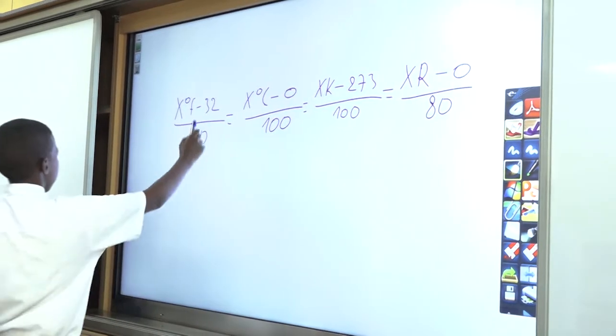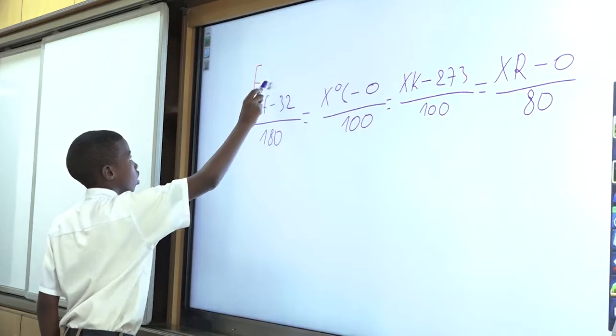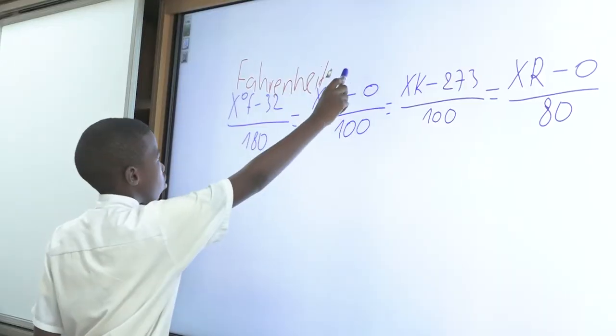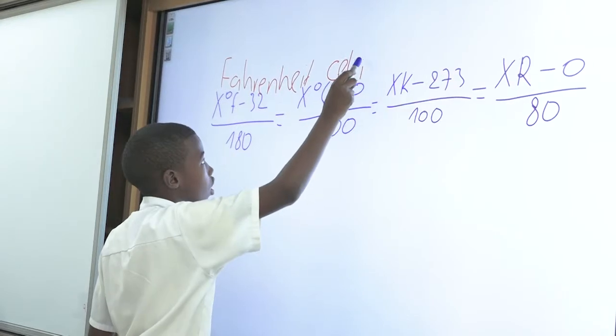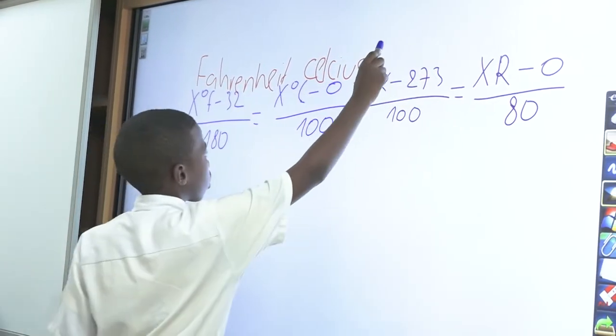The name of this one is Fahrenheit. The name of this one is called Celsius. The name of this one is called Kelvin.